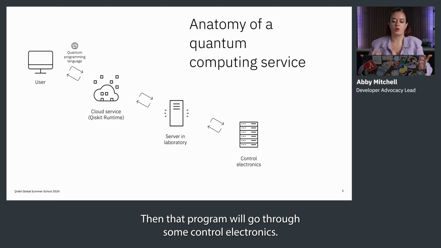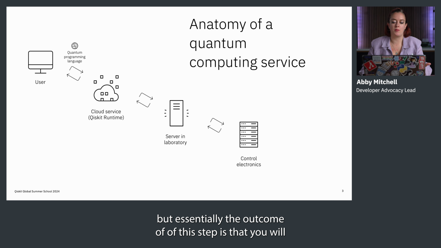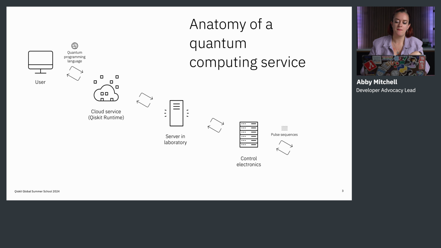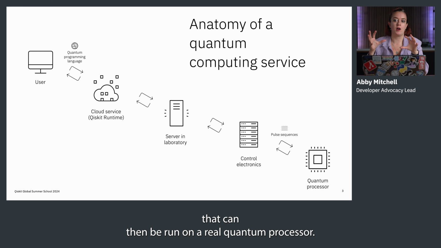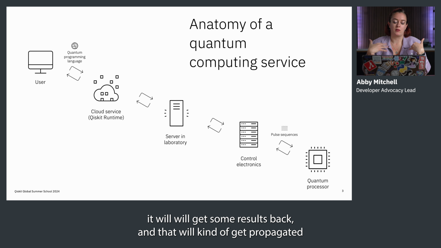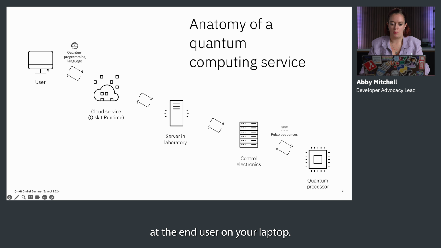Then that program will go through some control electronics. You don't need to worry too much about this piece, but essentially the outcome of this step is that your program will be converted into microwave pulse sequences that can then be run on a real quantum processor. Once your program has been run, we'll get some results back, and that will get propagated all the way back up the chain, back to you, the end user on your laptop.